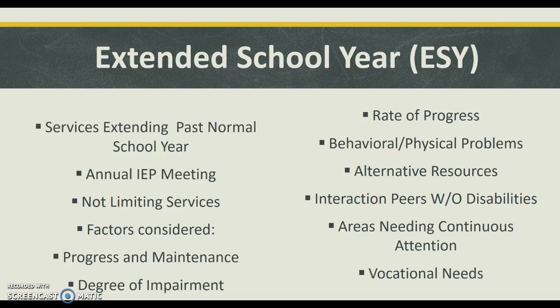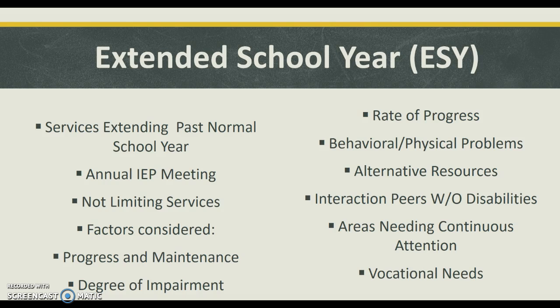So the progress and the maintenance of the behaviors or the academics of the child, the degree of the impairment, at what rate they are progressing, their behavior problems, and any alternative resources, how they interact with peers without disabilities, and then the areas that would need continuous attention, and the vocational needs.